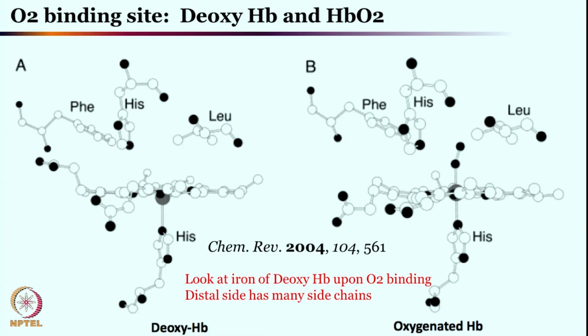So, oxygen binding at one of the iron centers helps the binding of oxygen at the other iron centers. So, this movement from the outside plane to the inside plane, this overall upward movement of the histidine, is quite important.